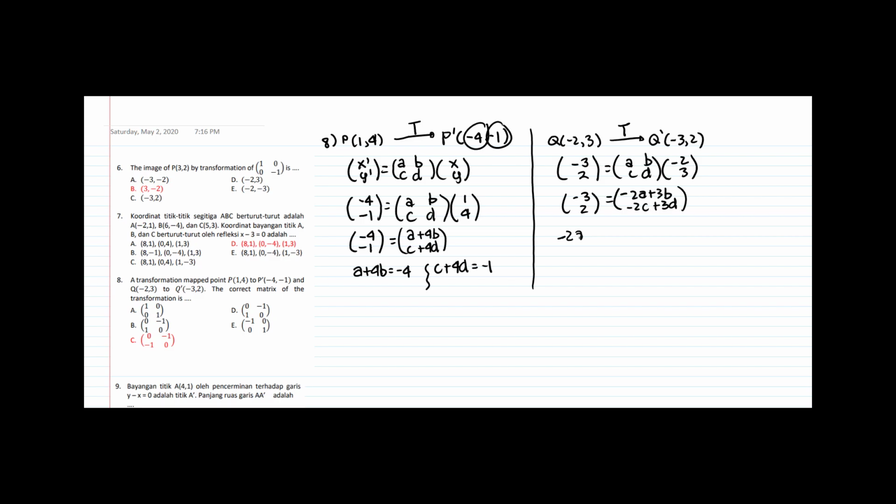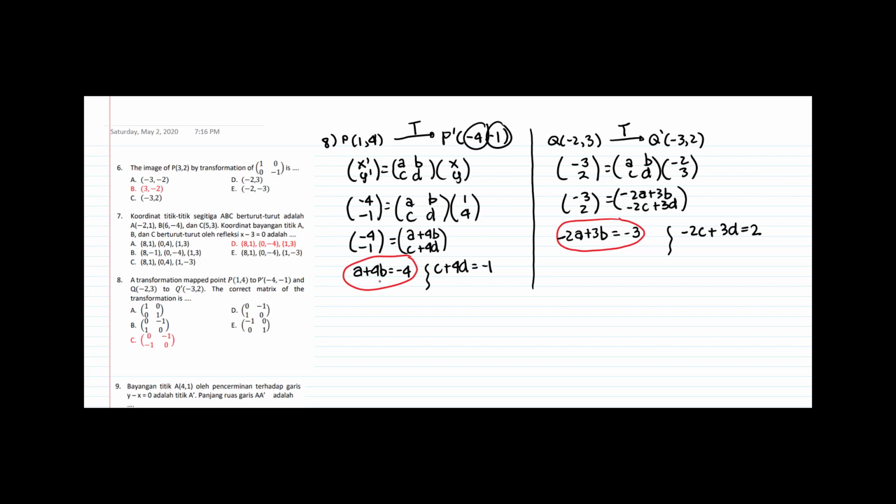So I have negative 2A plus 3B equals negative 3, and the second one is negative 2C plus 3D equals 2. Okay, now we have to eliminate this and this one.